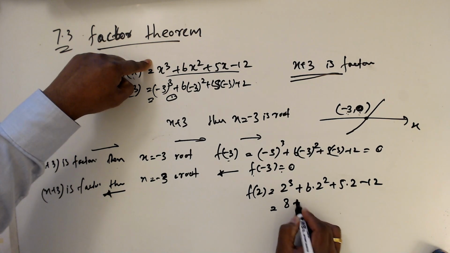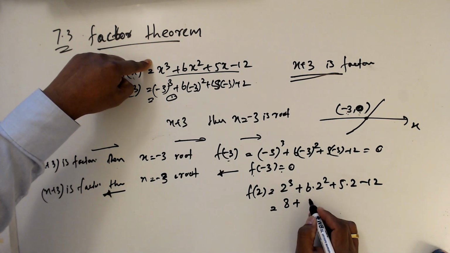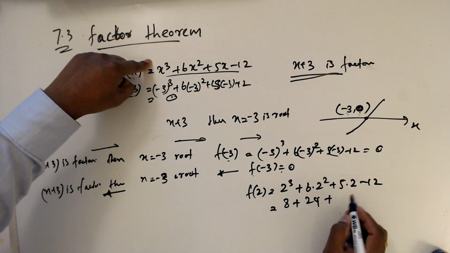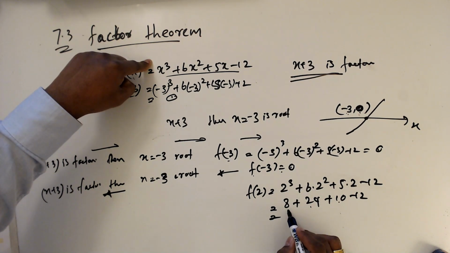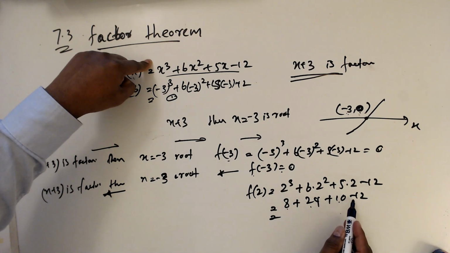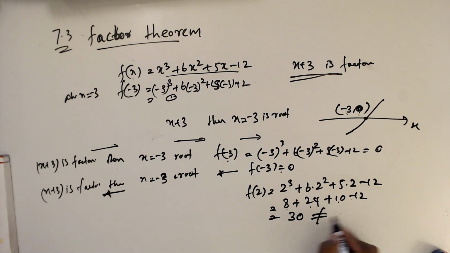This is 8, and this is 2 squared, 4 times 6, 24, and this is 10 and minus 12. So 8 plus 24 is 32, plus 10 is 42, minus 12, it is 30, not equal to 0.